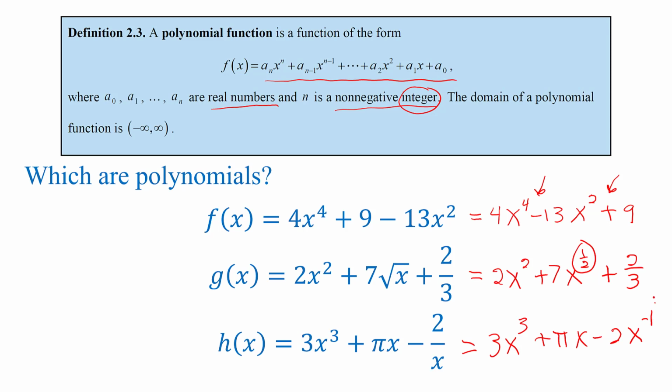Well, negative 1 here is not non-negative, so we have an issue with the exponent on x here, and so this would not be a polynomial. What you might see first off that might make you think we have a problem is the pi, where in actuality pi is not a problem because pi is a real number, so it's perfectly fine to have a polynomial with pi as a coefficient.